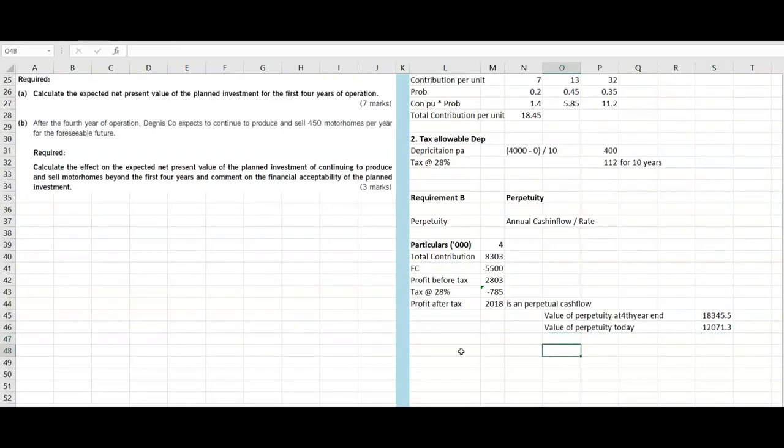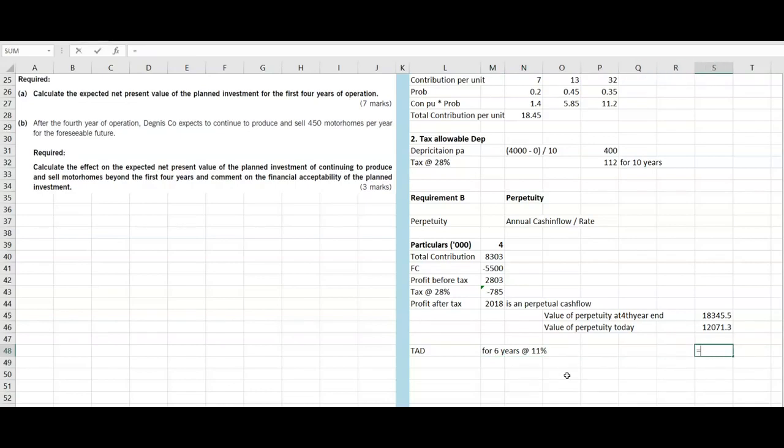But this alone is not the perpetuity, because we have a tax allowable depreciation that is going to occur for 6 years at 11%. So we have to calculate that.